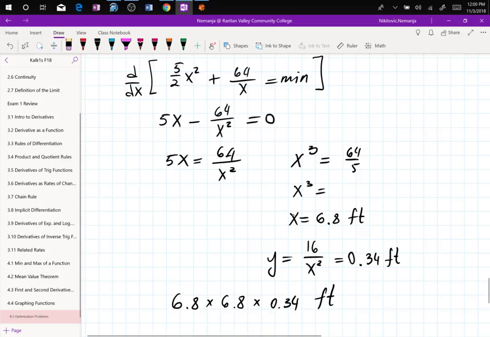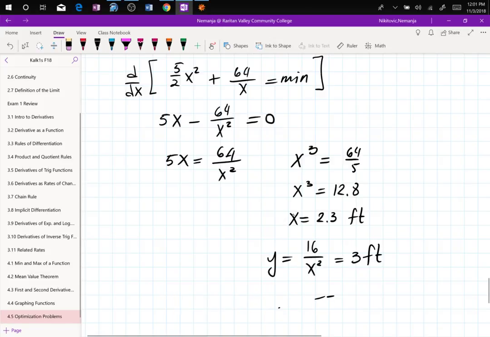So you go back and you look for a mistake, and so now your x cubed is 12.8, and then the cube root of 12.8, much better answer, 2.3 feet on x. 16 divided by 2.3 squared is 3, actually. 3 feet.